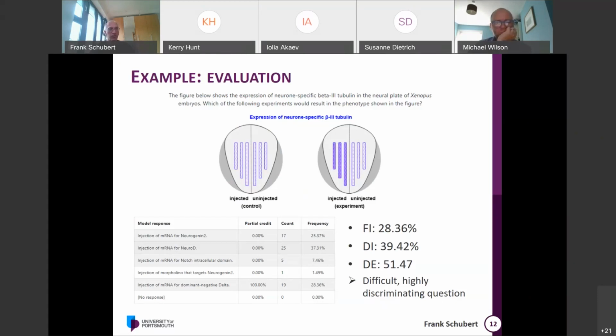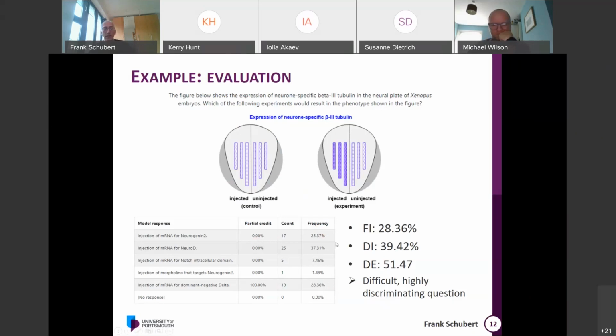So the facility index is just 28%. So just over a quarter of students got that one right. That is one where you would start to be suspicious that maybe something was wrong. When you look at the frequency, nearly the same number of students got the wrong answer as the students that got the right answer.